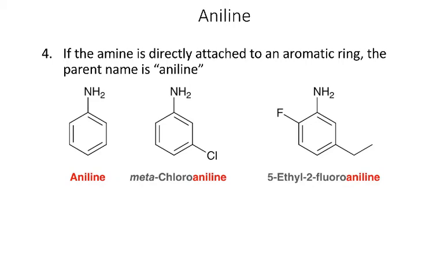Now, if we have a benzene derivative and the amine does have the highest priority, then the parent name is going to be aniline. So the amine has a higher priority than the chloro group, so this would be meta-chloroaniline. Or the amine has higher priority than a fluorine or an alkyl group. So this would be 5-ethyl-2-fluoroaniline.